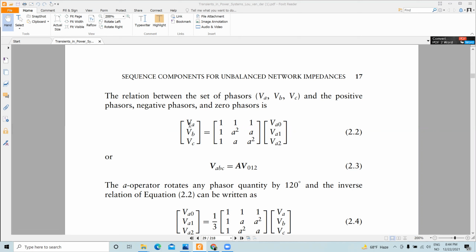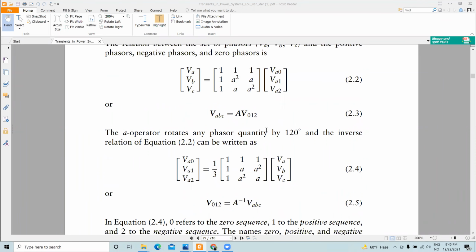So for phase A, if you multiply with the matrix here, it will be VA0 plus VA1 plus VA2. VB will be VA0 plus a squared VA1 plus a VA2, like this. The a operator rotates any phase quantity by 120 degrees, and the inverse relation can be written.